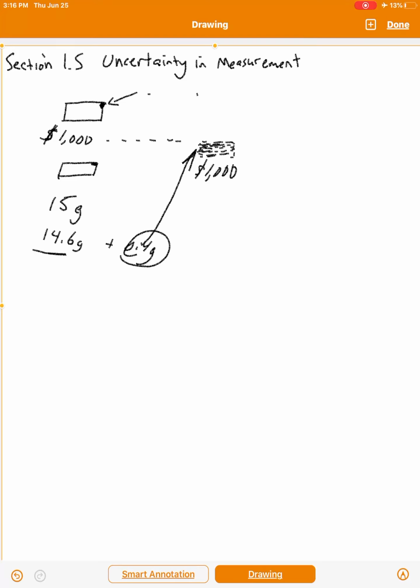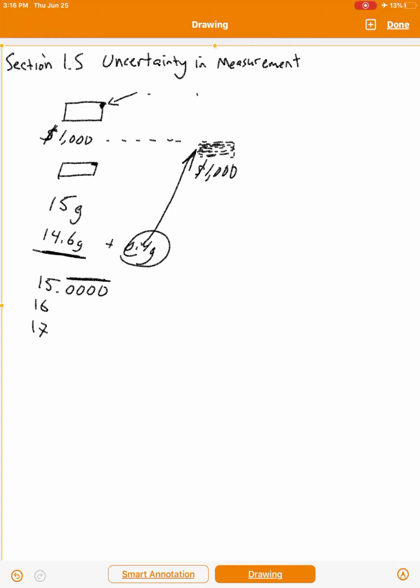I want you to tell me that that scale is not going to give me 15 or 16 or 17 grams. It's going to tell me, hey, it's 15 grams out to 4 digits past the decimal point, which is still not exact, of course, right? But at least it's a higher level of precision. So that's really what it comes down to.